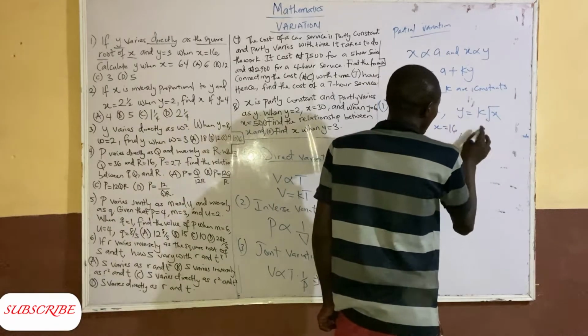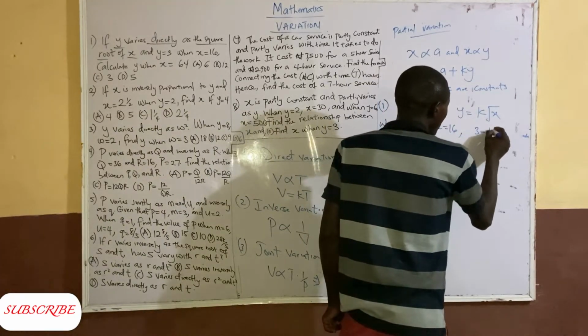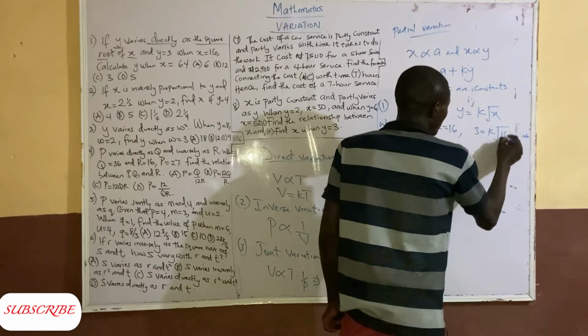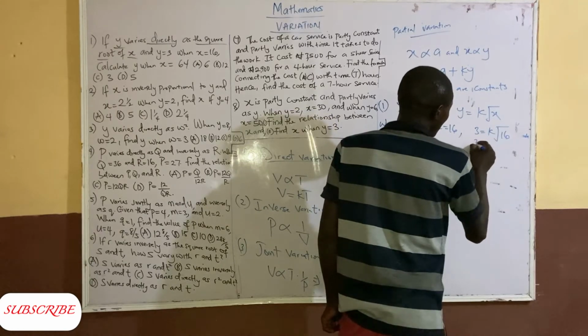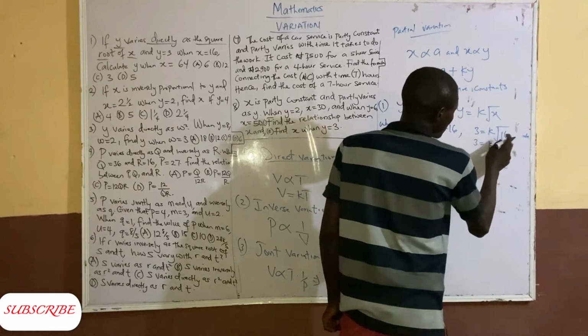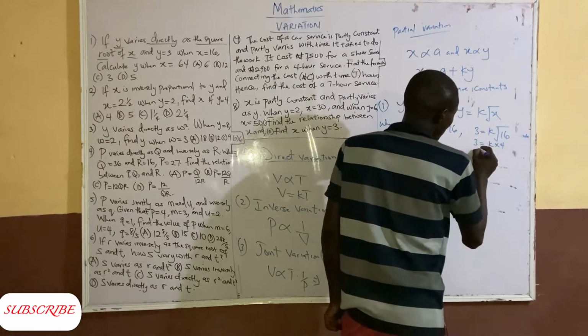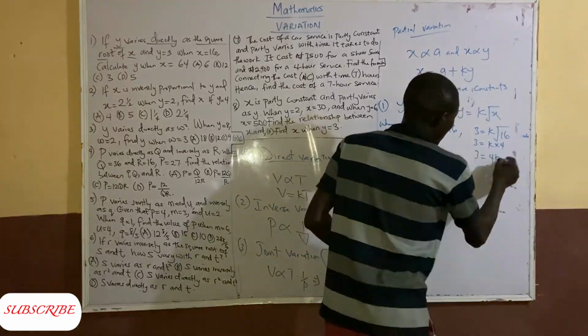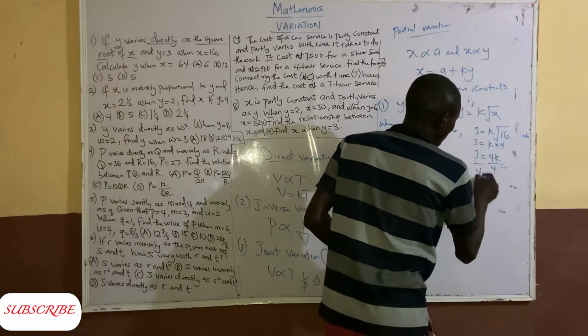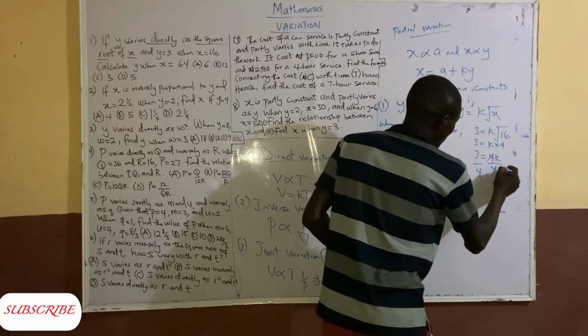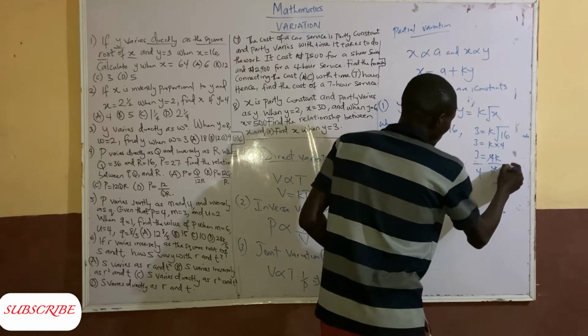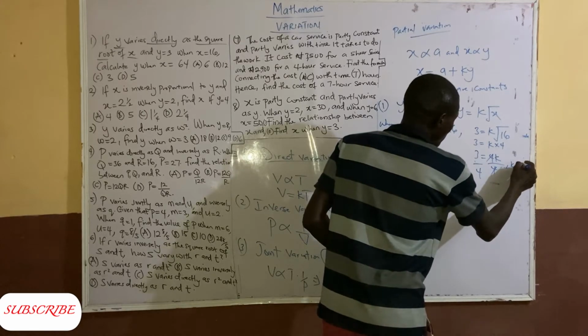The relationship becomes 3 equals k square root of 16. The square root of 16 is 4. So we have 3 equals 4k, and if I divide by 4, we have k equal to 3 over 4.